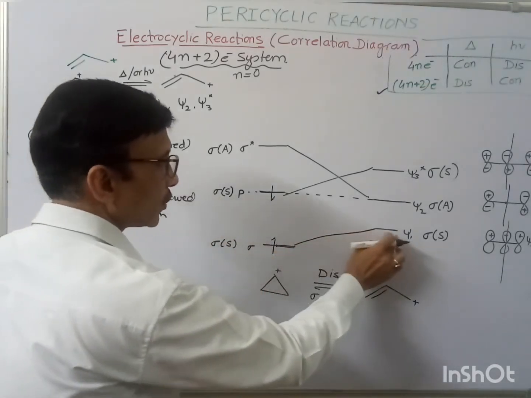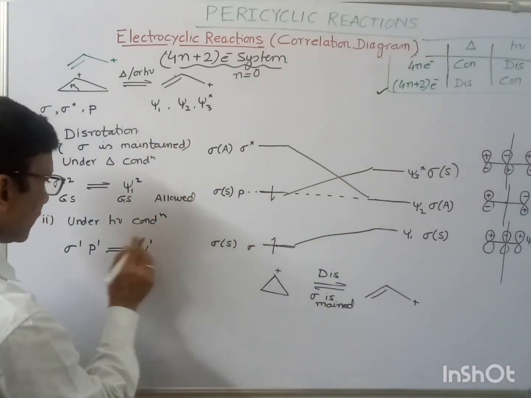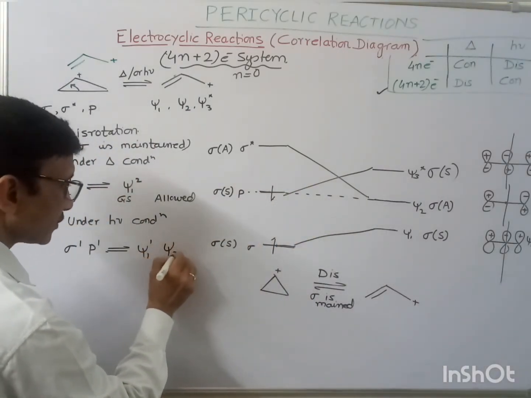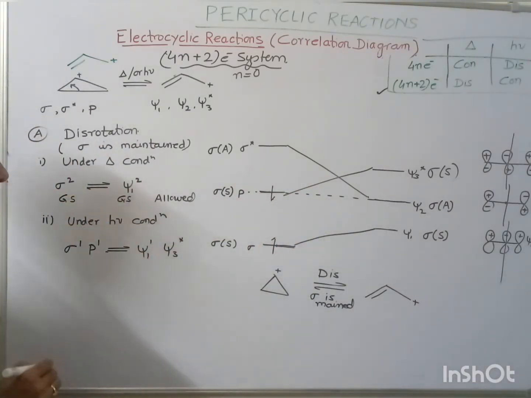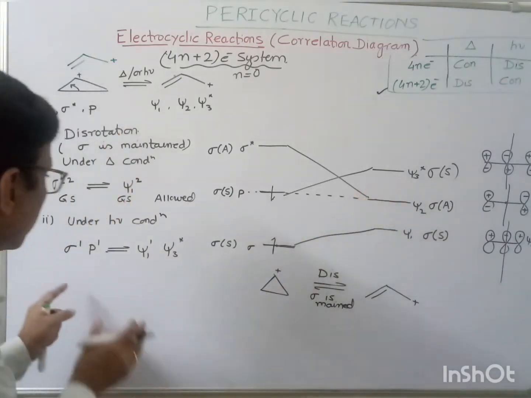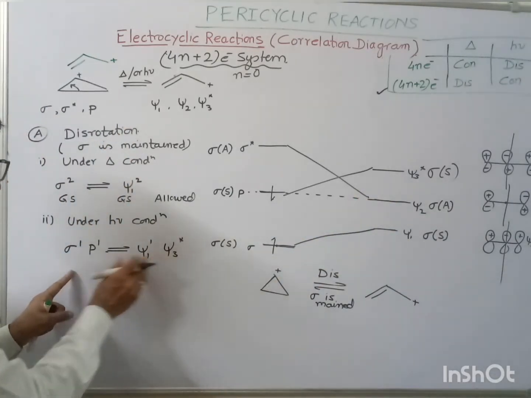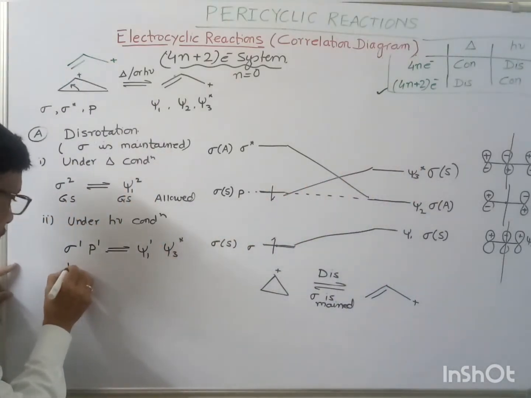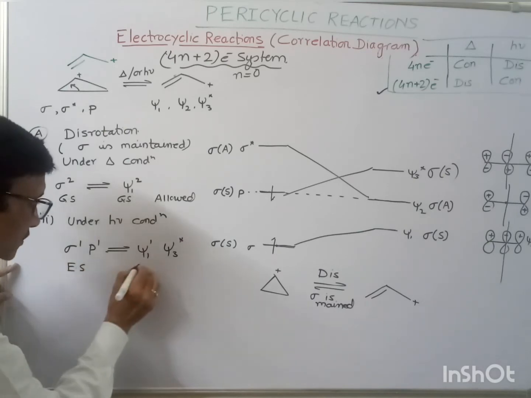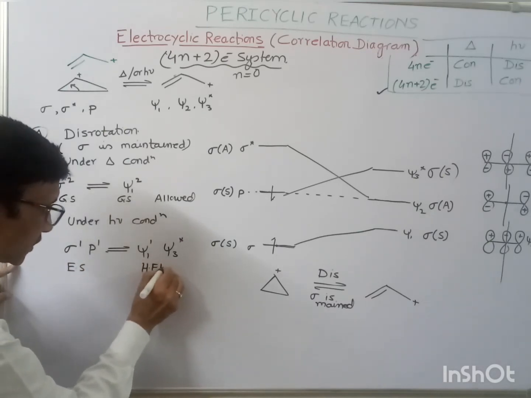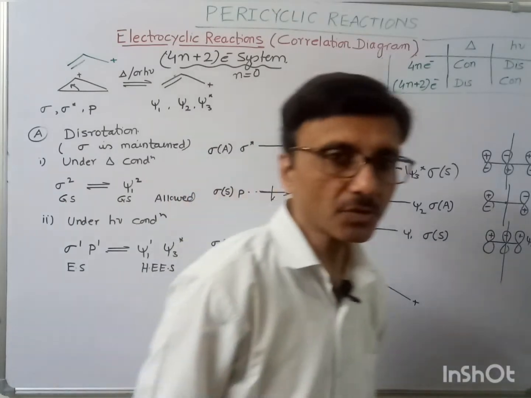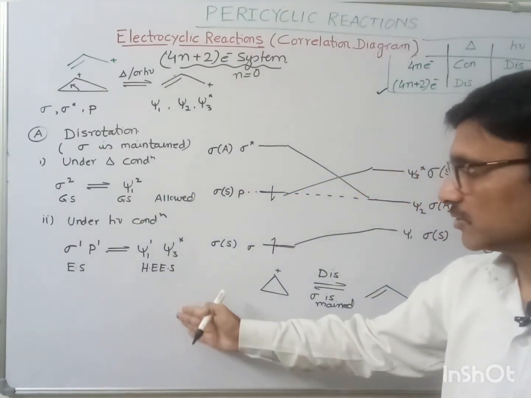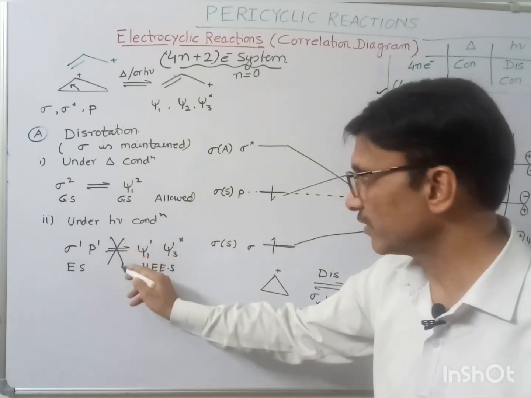The sigma electron is going into psi1 and the p electron is going into psi3 star. This is a higher energy excited state. This is our excited state and this is a higher energy excited state. So this is energetically not favorable.